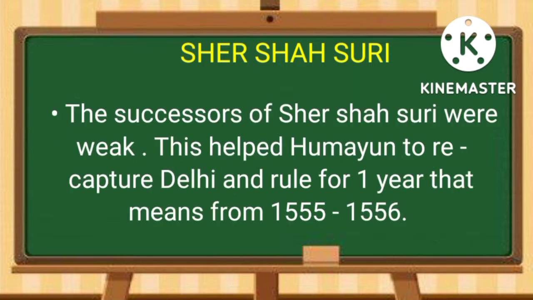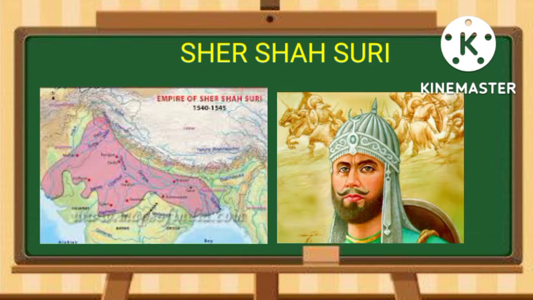But the successors of Sher Shah Suri were very weak. This helped Humayun to recapture India in 1555, and he ruled for 1 year, from 1555 to 1556.